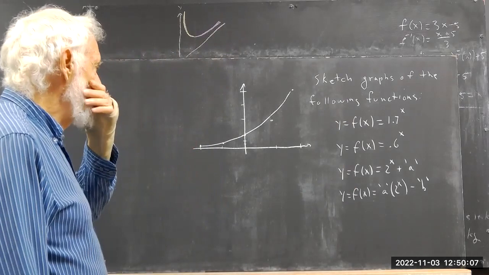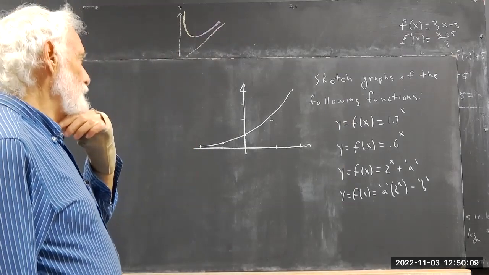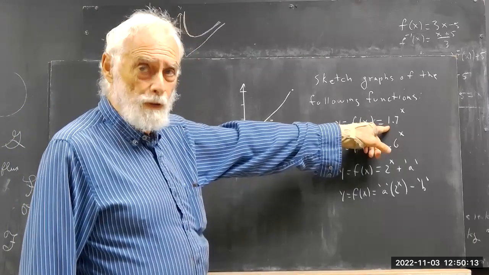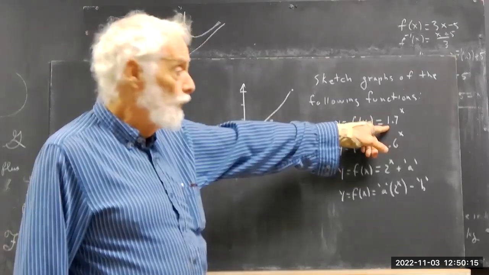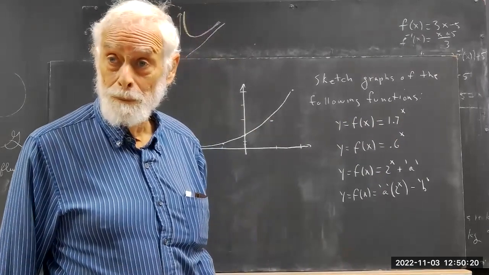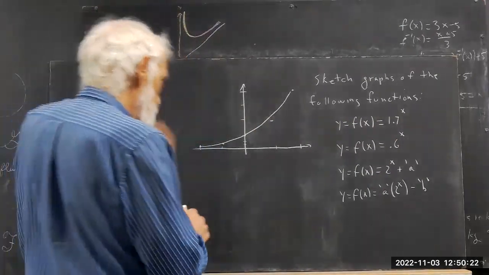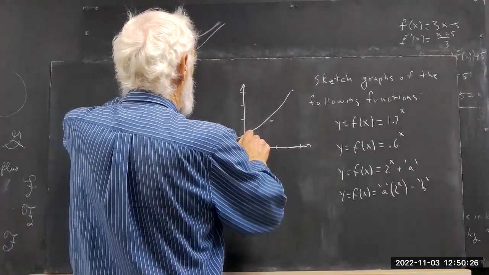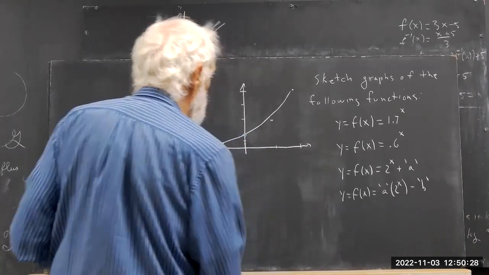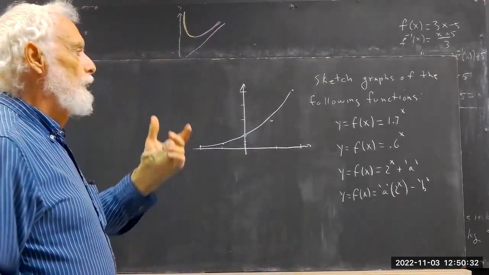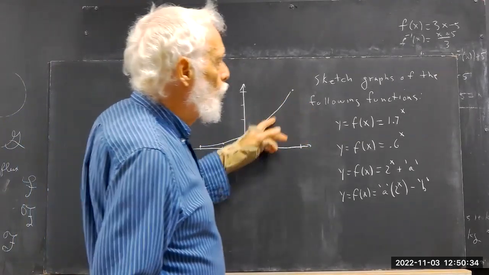Now what I want to do is say, well, okay. It has no number out in front of the 1.7 to the x, so I know that if x equals 0, y is going to be 1. So I know that I have the point (0, 1). Then I know that I'm going to have the 1.7.